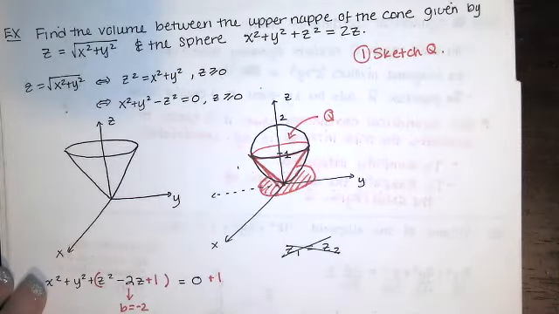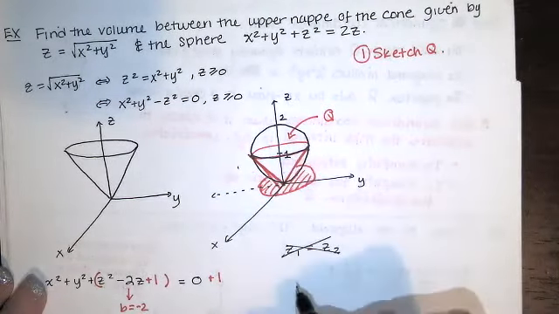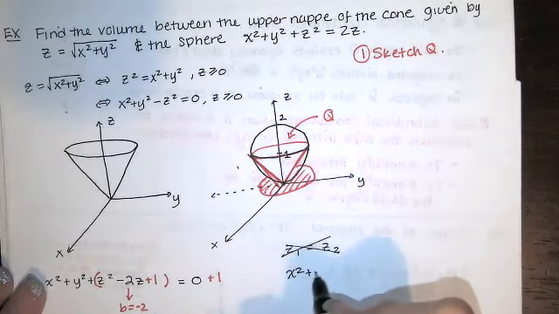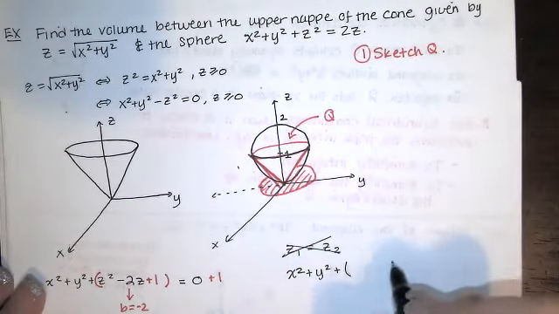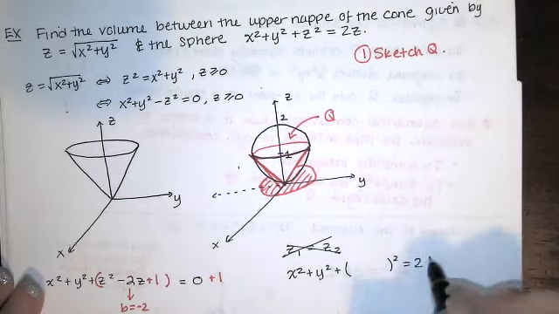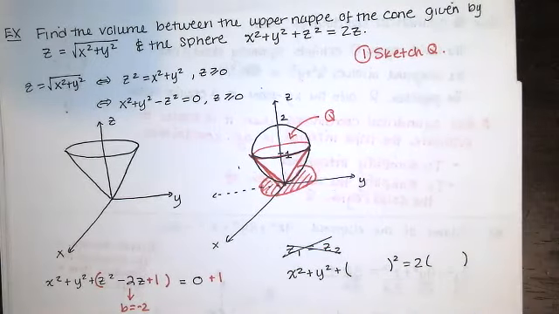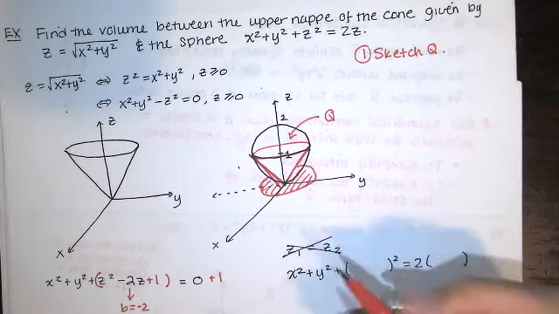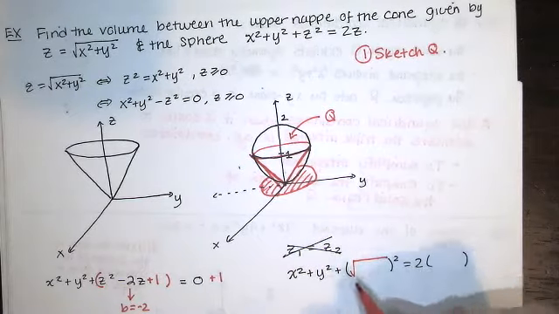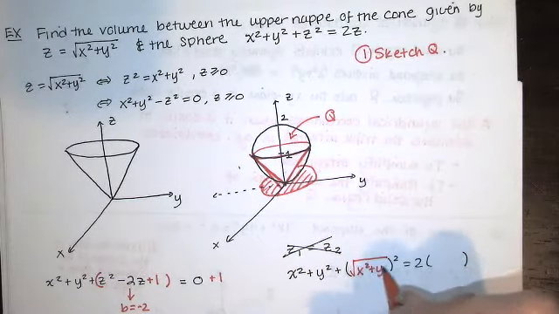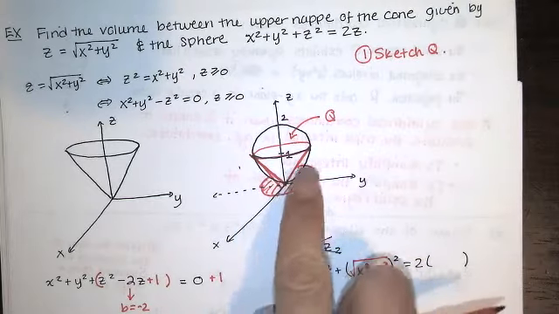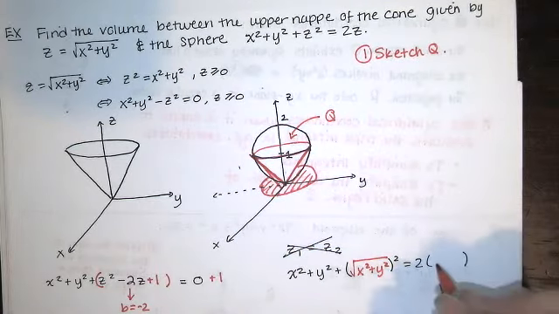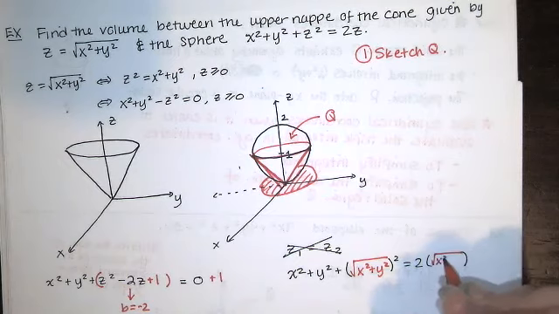So rather than setting them equal to each other, I'm just doing a substitution. So I replace Z on the sphere with the Z value on the cone, and I hope that it works out. I hope that the sphere doesn't go through the sides of the cone like that, because if it does, it's not what I wanted.